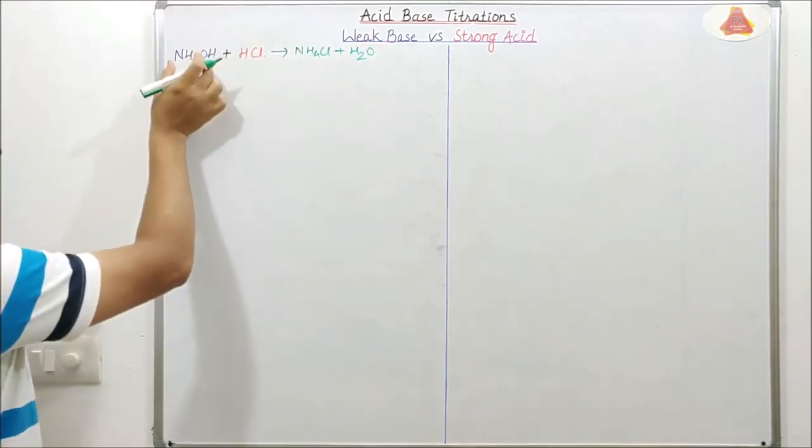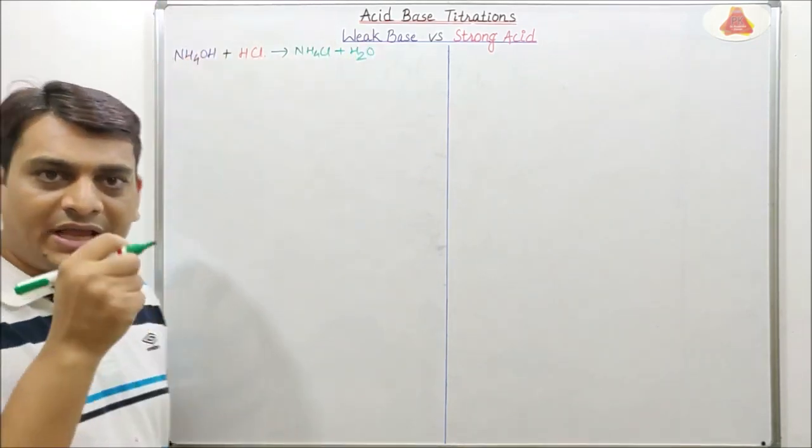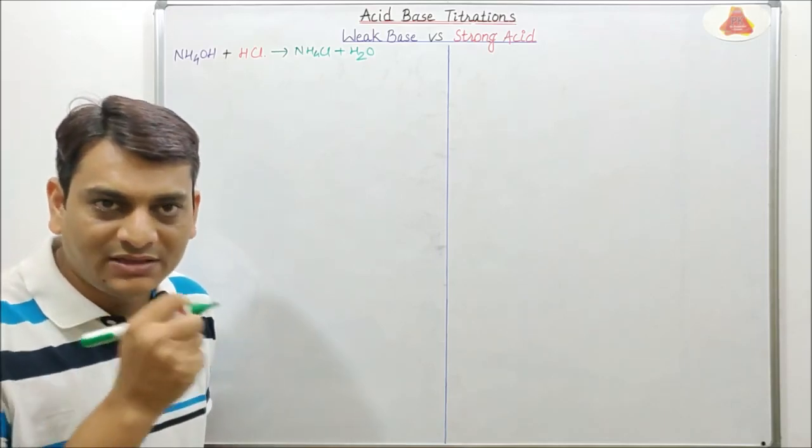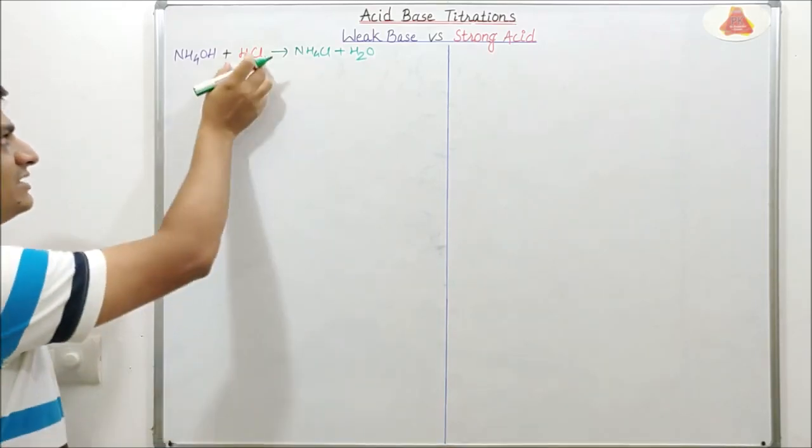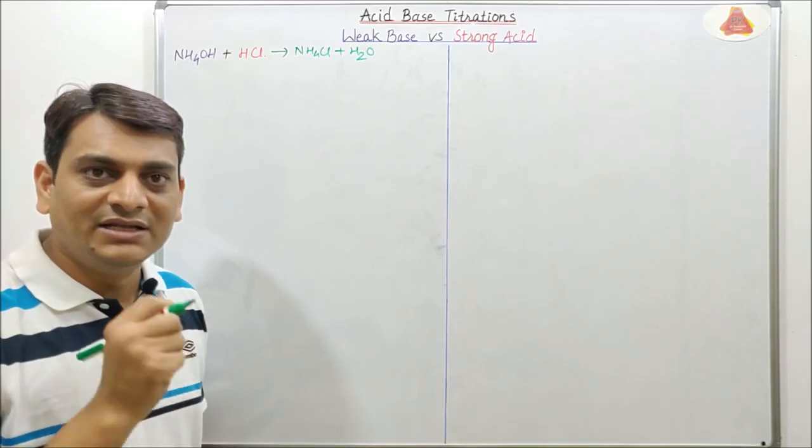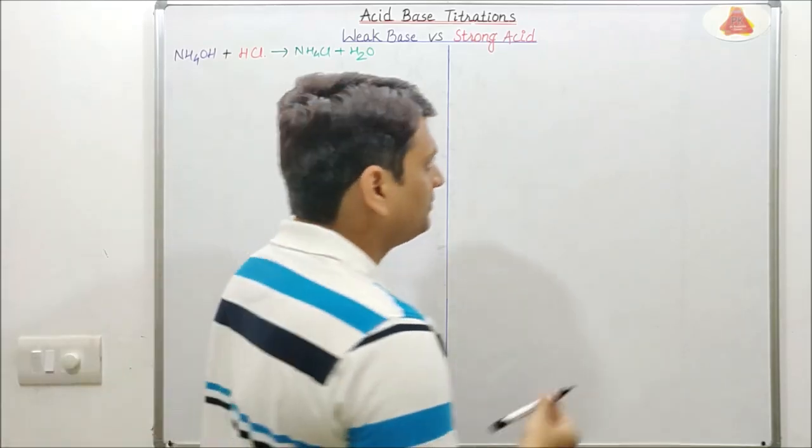Here we will take this NH4OH, or aqueous solution of ammonia, in the conical flask. We will take the strong acid, HCl, in the burette like this.